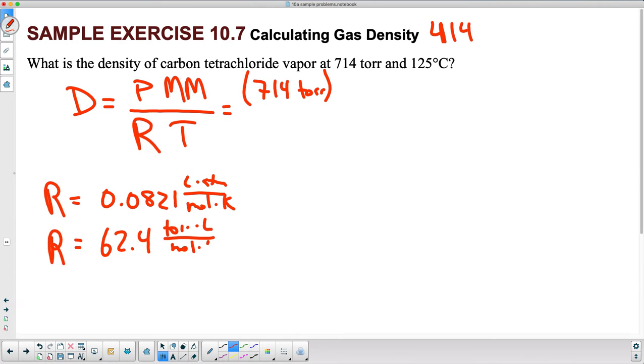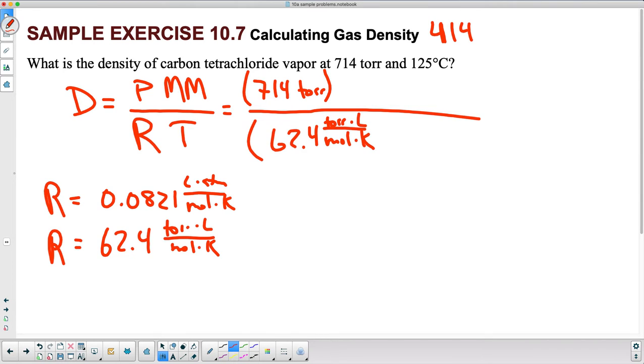Instead of going through the math of the conversion, just know what the other R value is. So that's the R value we're going to use here.